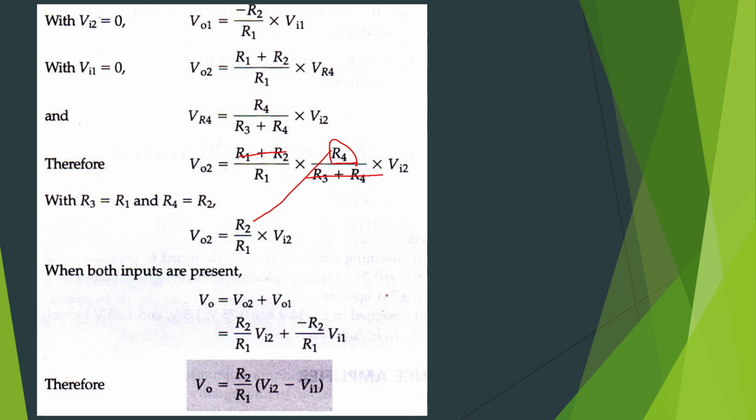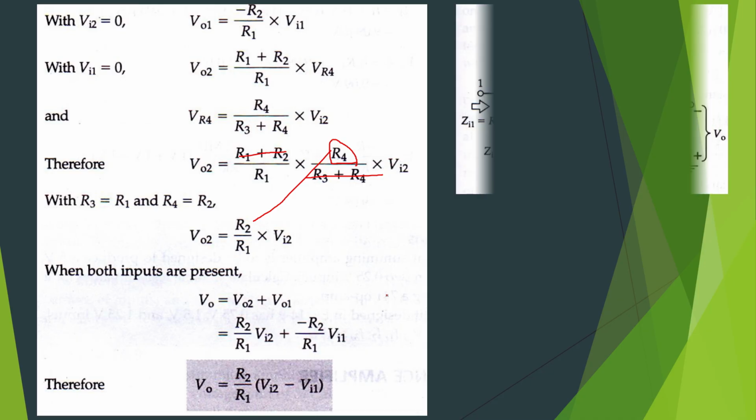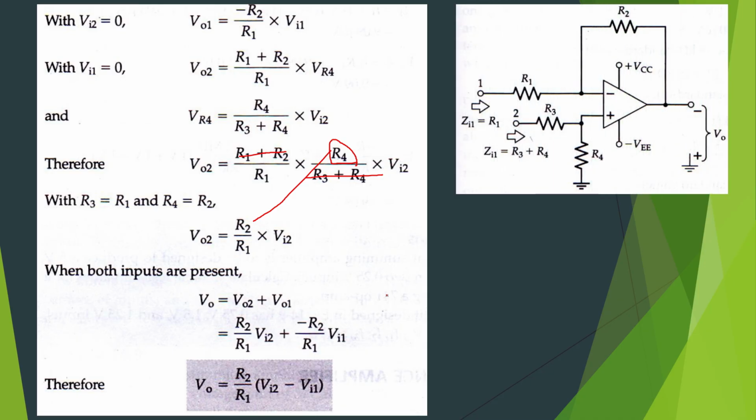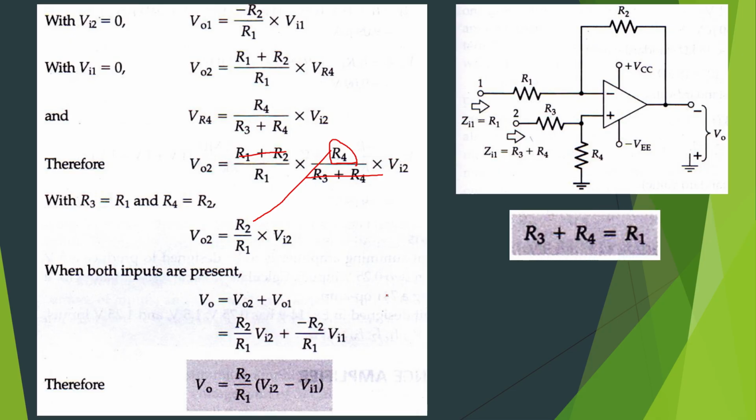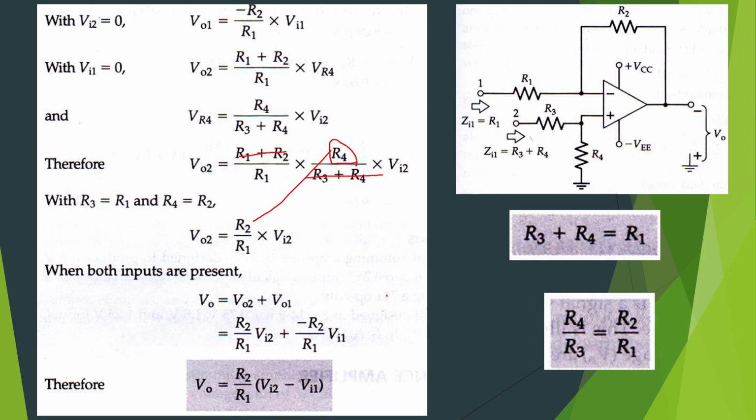Therefore the output voltage equal to R2 by R1 into VA2 minus VA1. R3 plus R4 is going to be R1 and R4 by R3 equal to R2 by R1. Using these expressions you can find the expressions for input impedances.